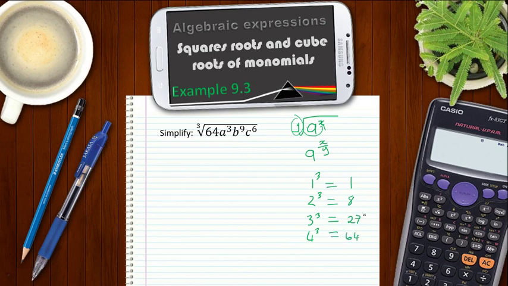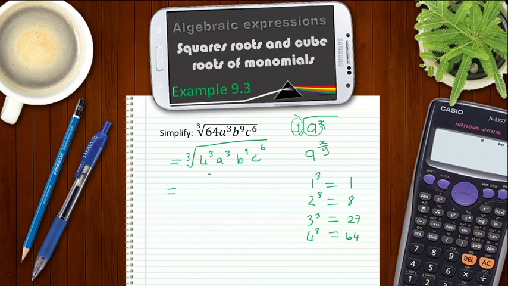So if you know these numbers off by heart, you can simply take this number out and you know it is 4. Otherwise, you can first say the cube root of 4 cubed, a cubed, b to the 9, c to the 6, and then use your exponent laws even for your number.